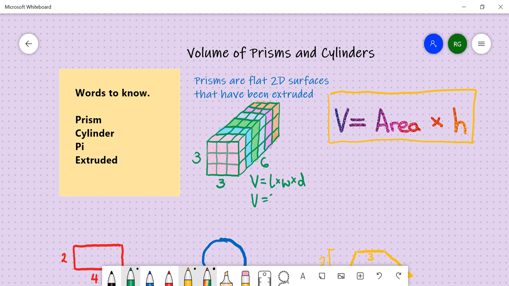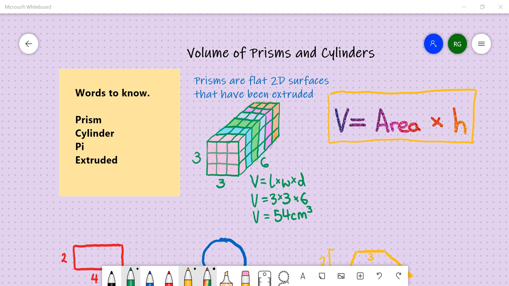So our volume is 3 times 3 times the depth, 6, which equals 54 centimeters cubed. Now we write it as cubed because we're talking about volume. It's 3D, it's centimeters by centimeters by centimeters, which is why it's called centimeters cubed, the little 3 at the top, as opposed to centimeters squared when we were talking about area previously.